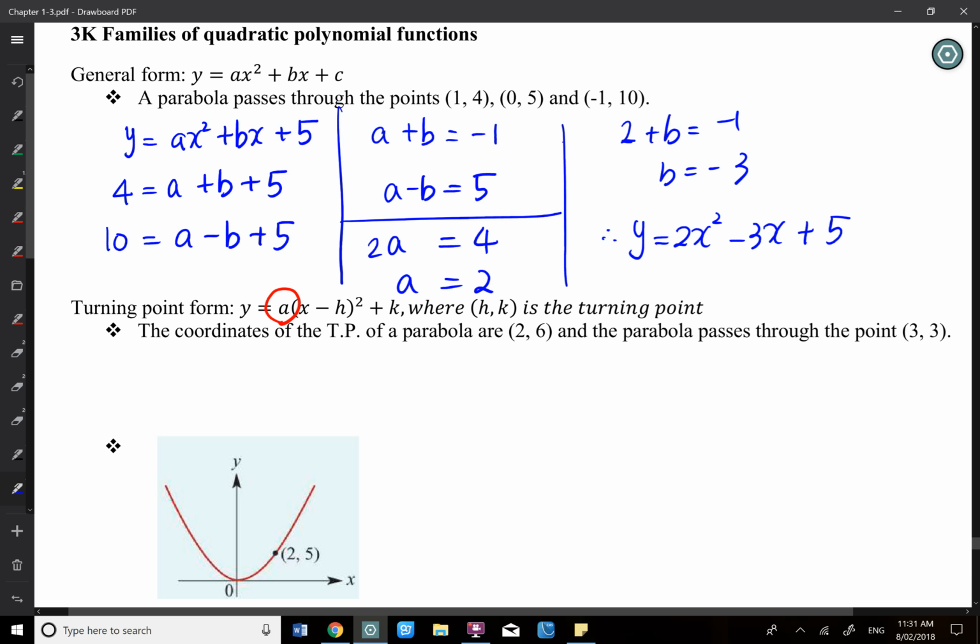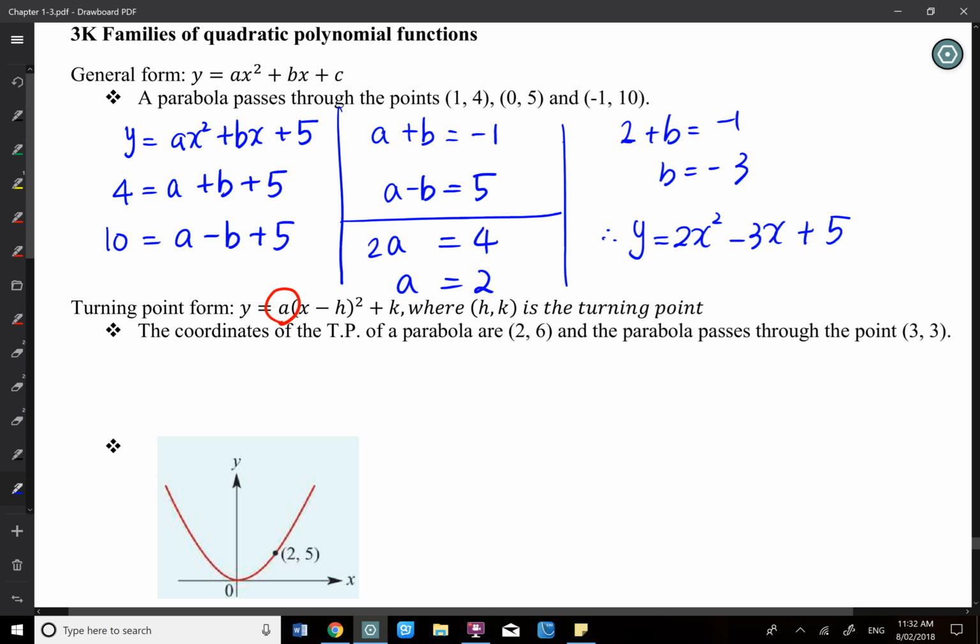In that question in the test, I saw some of you trying to start directly from the general form because the question asked for the general form. That's actually a very hard way to do it, because the numbers are not as small as these ones, and it also includes the turning point for you.